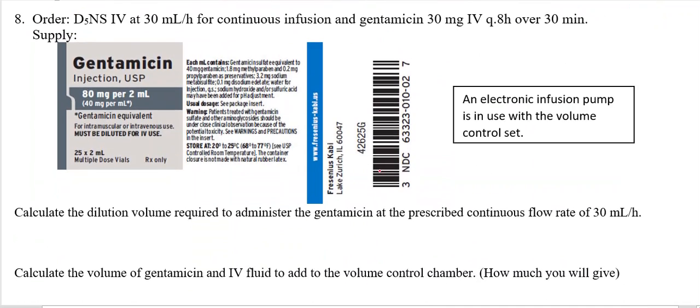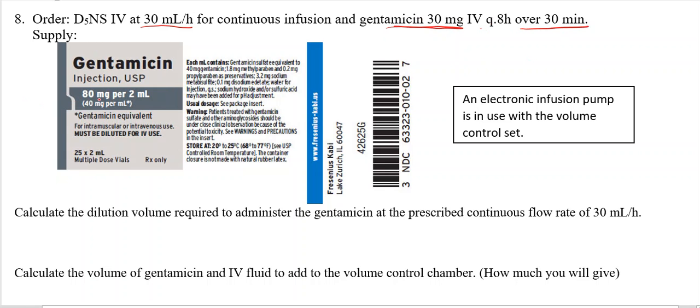Okay, so number 8 is another example of the same thing. They've got an order for an IV solution at 30 milliliters per hour, continuous infusion. The gentamicin is 30 milligrams every 8 hours over 30 minutes.